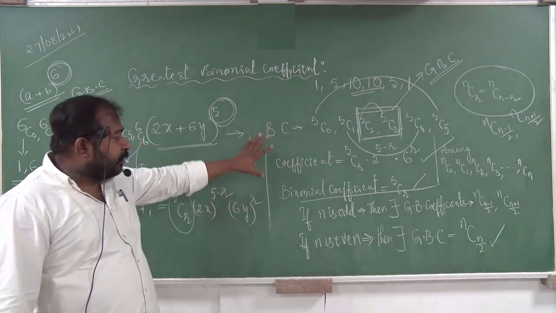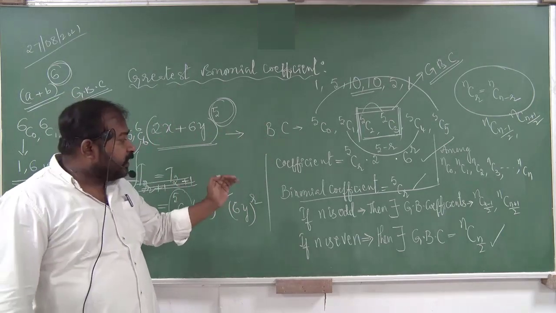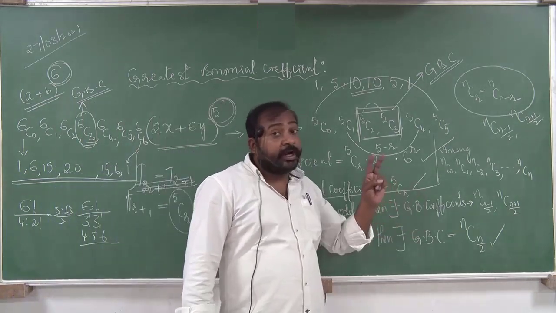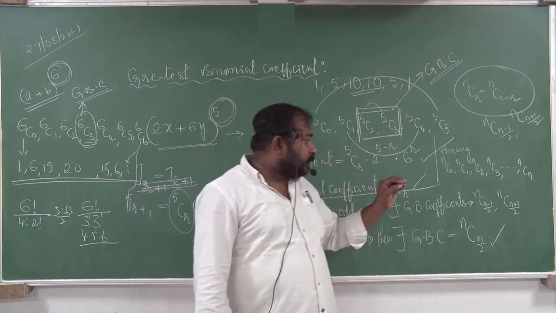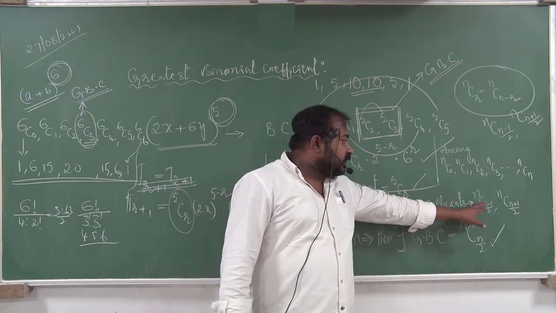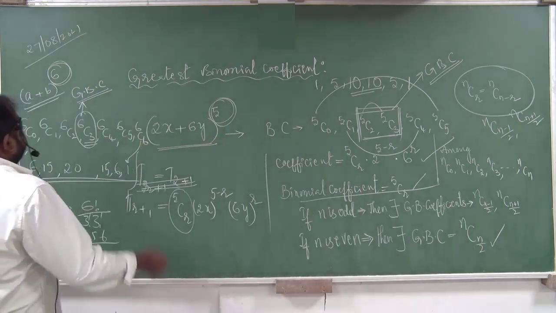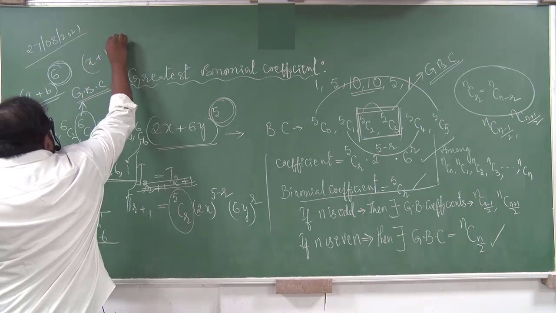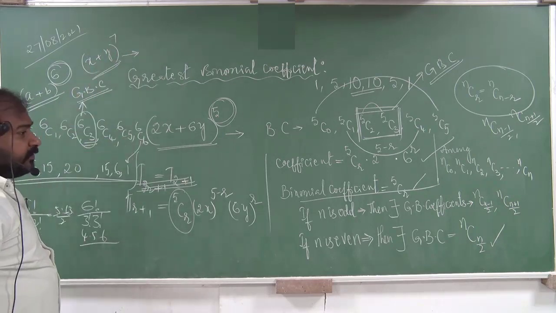And for the greatest binomial coefficient, again two cases you will get. If n is odd, then there exist two greatest binomial coefficients: nC(n-1)/2, nC(n+1)/2. For example, find the greatest binomial coefficient in the expansion (x+y) whole power 7.